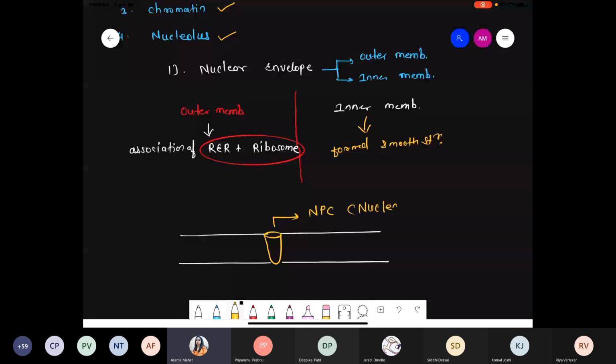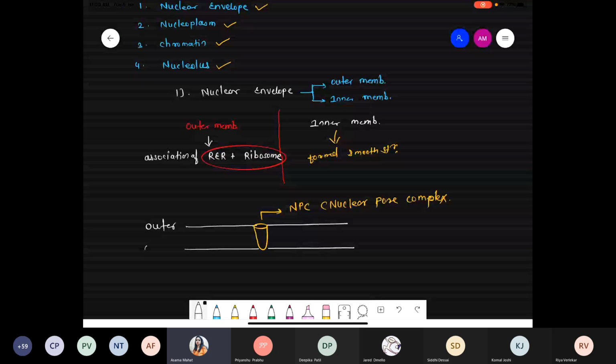Millions of nuclear pore complexes are associated with the membrane. The outer and the inner membrane are crossed by a gap, a simple pore, and that pore is called the nuclear pore complex.